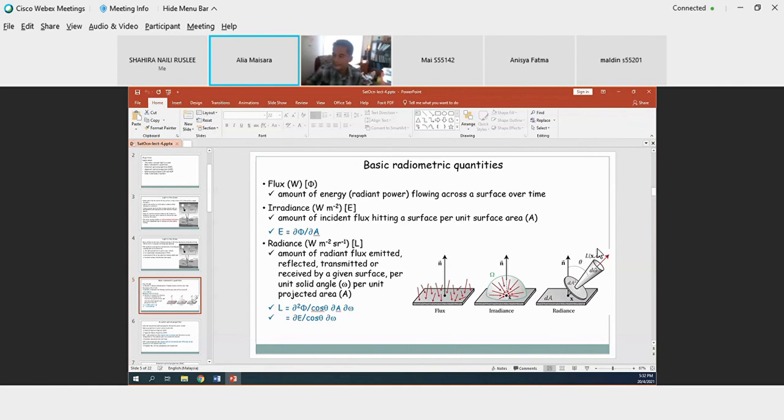Kan yang tadi basic radiometric quantities tu kan? Ya. So kalau 3D dia guna steradian, kalau 2D dia guna radian, macam tu ke? So kalau 2D, 2 dimension, 2D angle, itu adalah dalam planar, dalam flat. Dia dalam 2 dimension.